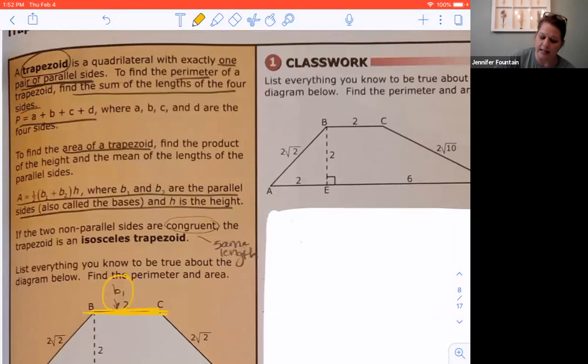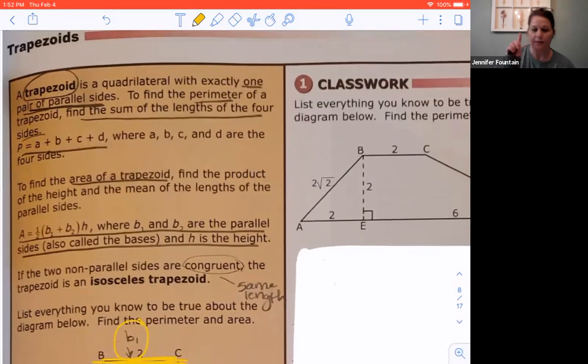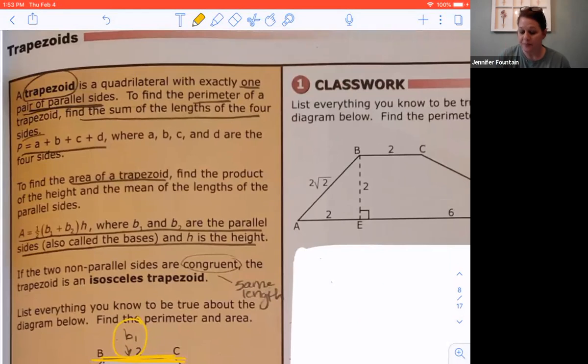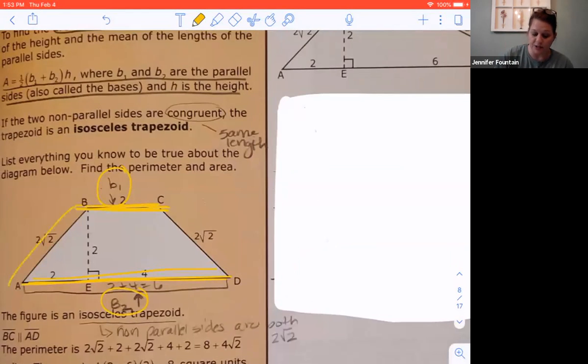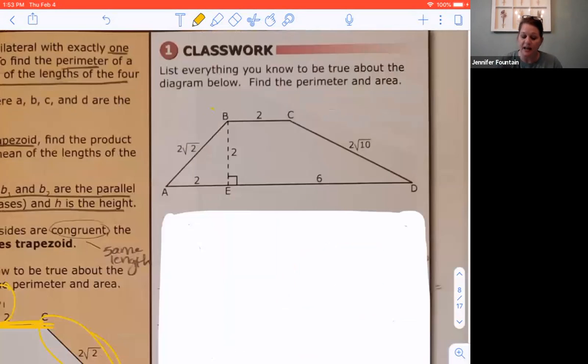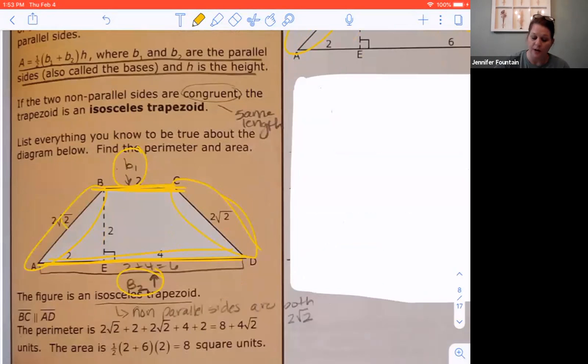Okay, and so they have 1 pair of parallel sides. Now, sometimes these sides right here can be congruent, meaning they have the same measurement. Sometimes they can have different measurements like this one does. It doesn't really matter, okay? If they have the same measurement, we call those isosceles trapezoids, because remember how we talked about isosceles triangles, how they have the same side measurements?